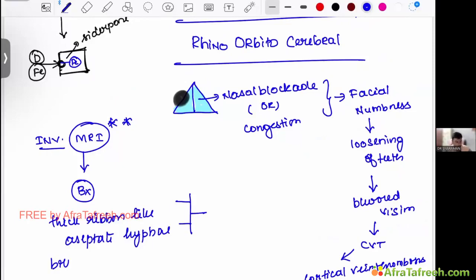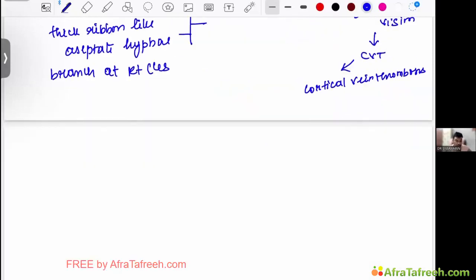So in your question, if they give that the biopsy shows fungal growth with aseptate hyphae branching at 90 degrees, then you have to think about mucormycosis. How are we going to stain it?